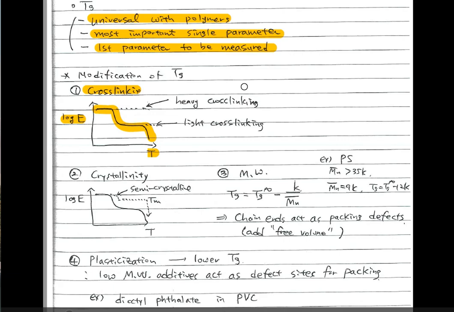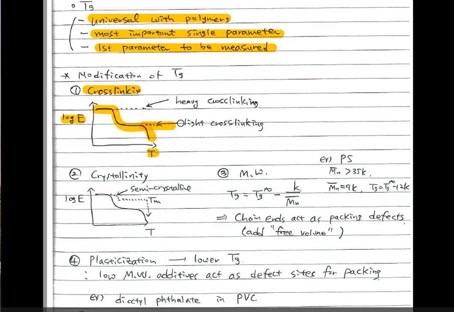So what happens if you cross-link polymer chains? If you lightly cross-link, for example, if you form rubber, basically this viscous part disappears and the behavior of the Young's modulus as a function of temperature changes like this. Basically, over a large range of temperatures, the polymers exhibit a large rubbery plateau.